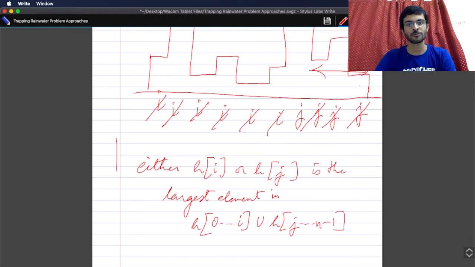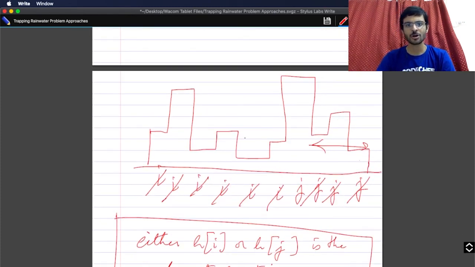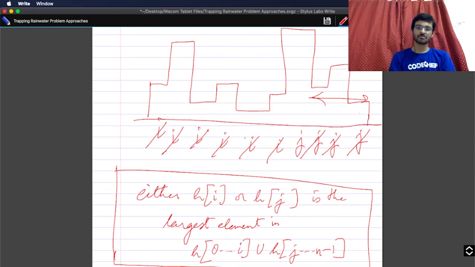I have proved this using this particular example, and I have also shared the ideas of proof. Whenever you have reached a vertex, you will not leave it unless you find something as good as this, or greater than this. That means you are holding tight that greatest element. So the greatest element must be one of hi and hj.